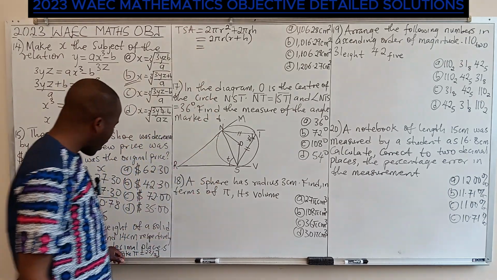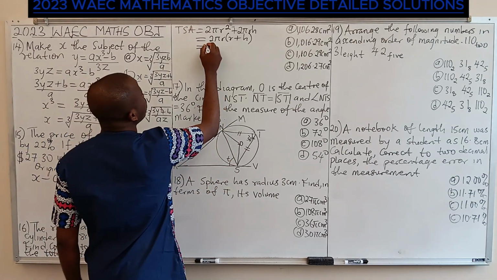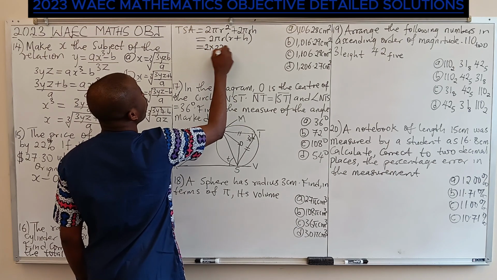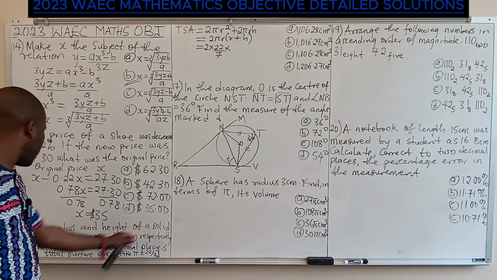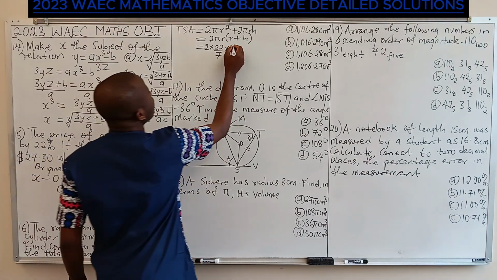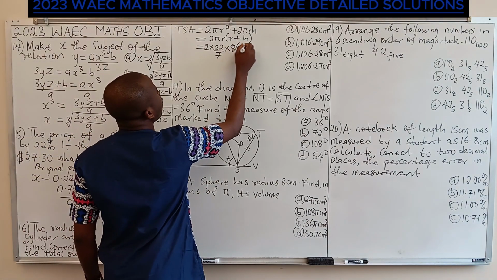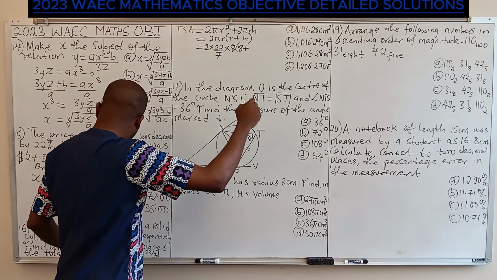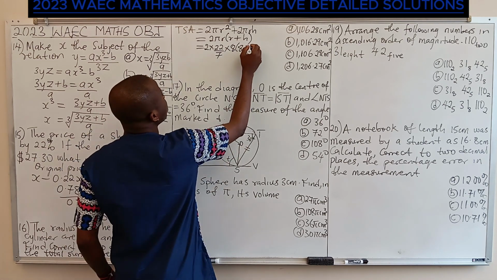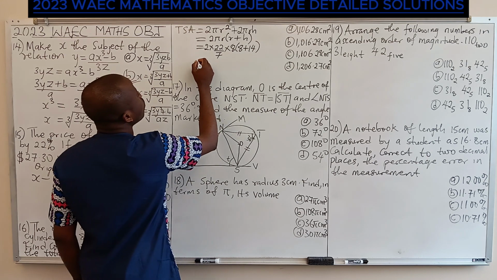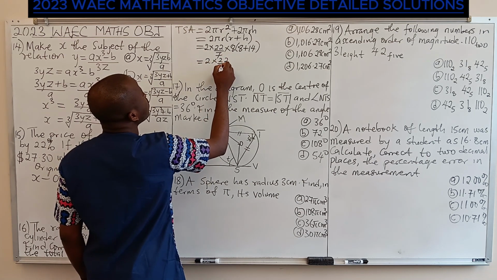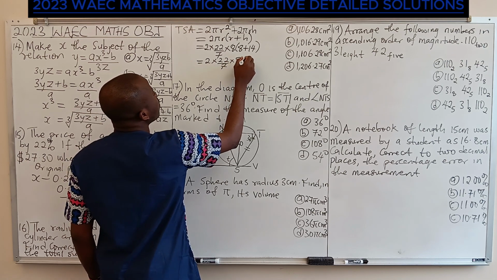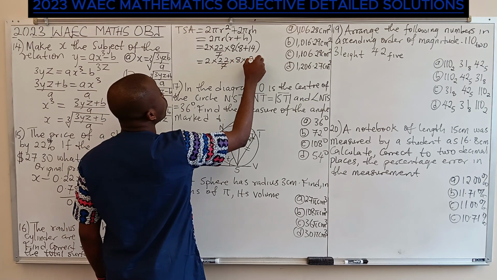We are told to take pi as 22 over 7. This is 2 times 22 over 7 times our radius 8 plus our height 14, which is 22.